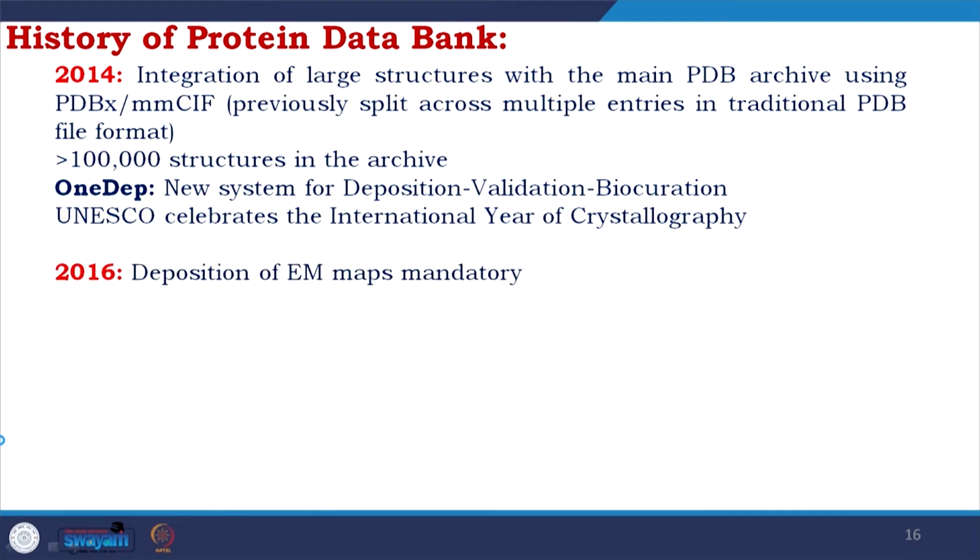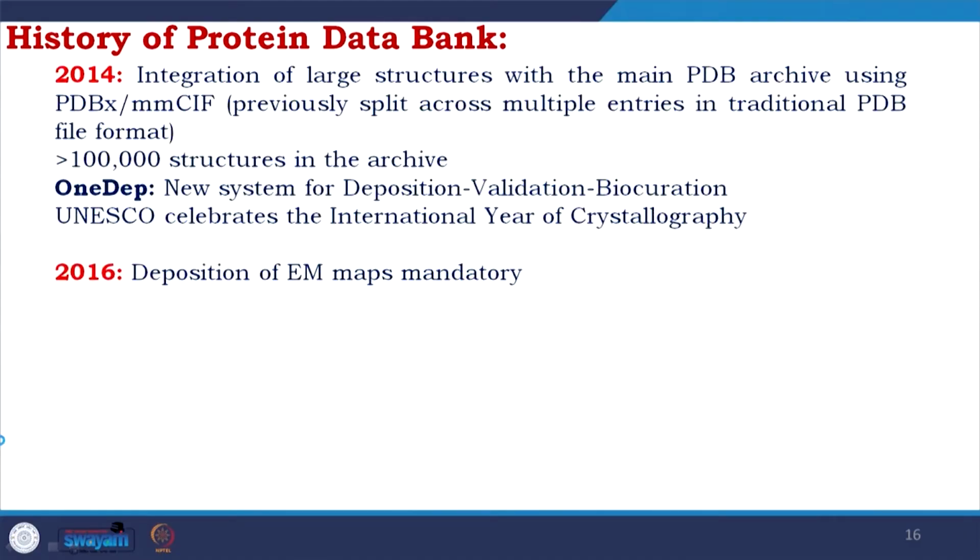In 2016, the deposition of electron microscopy maps became mandatory. If you remember, the year 2016 was considered cryo-electron microscopy as the technique of the year, followed by the Nobel Prize to Dubochet, Henderson, as we have already discussed, and Joachim Frank.